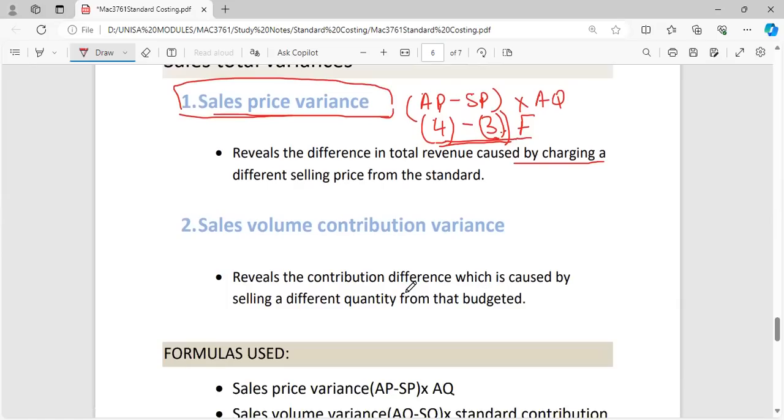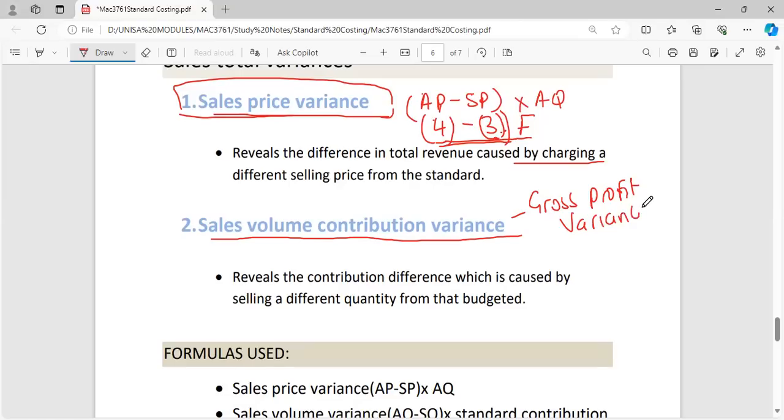Then at third level, when we do our quantity variance, we are going to do the sales volume contribution variance or gross profit variance.